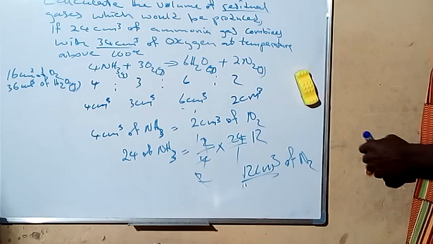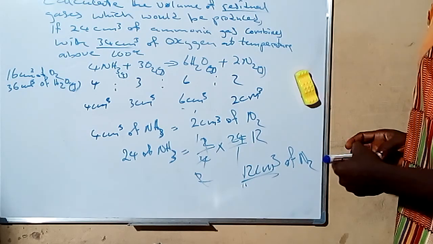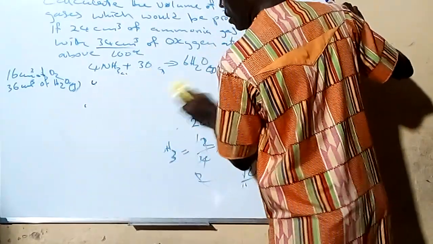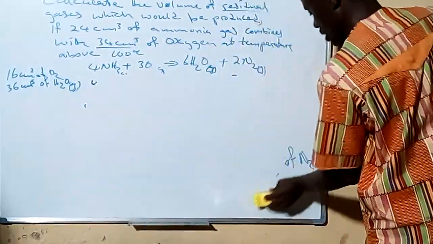So at the end of everything, the volume of residual gas will be the sum of all the gases.